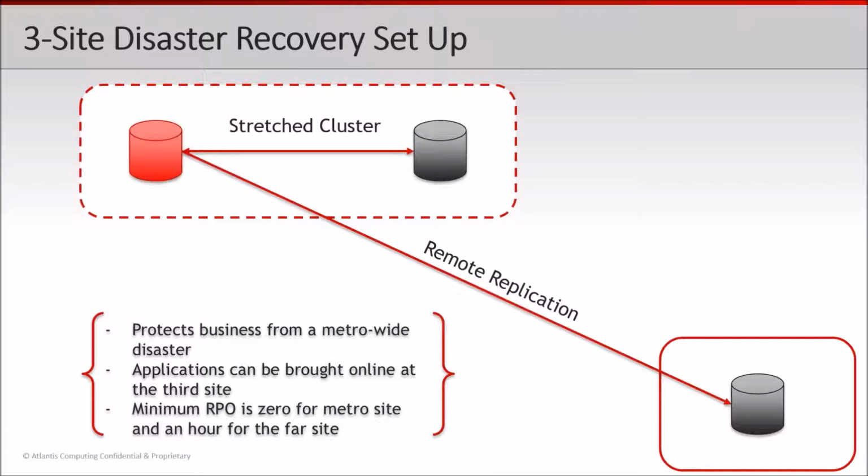Now, it is important to note that every time we do a failover, there's always a question of what happens when I'm able to restore the other site. So if volume A went down and volume A HA came up, or site 1 went down and site 2 came up, eventually after a certain period of time, customers will be able to restore service on site 1 that has failed.